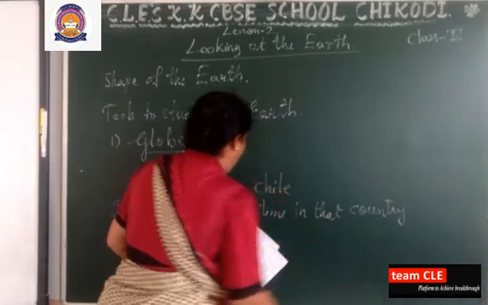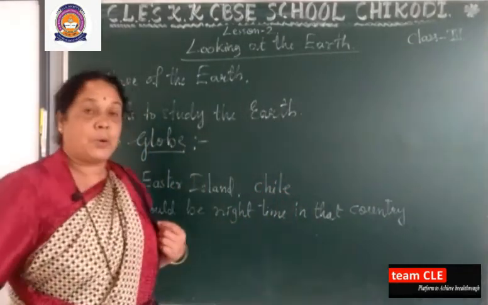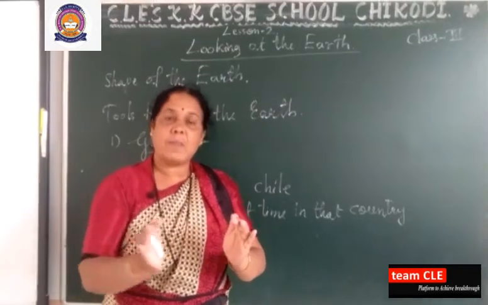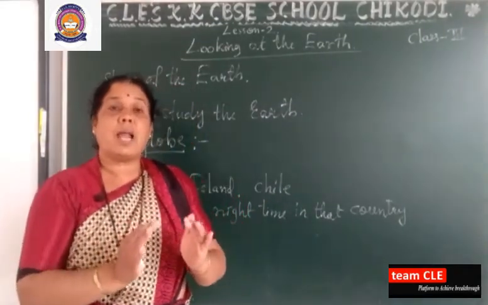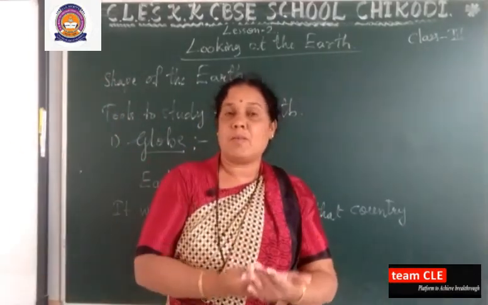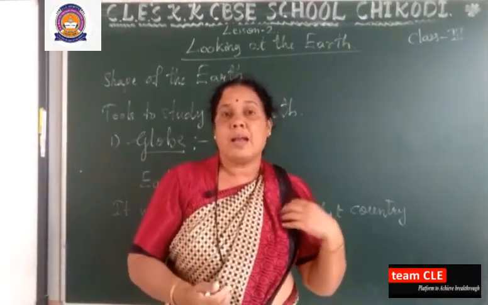Understanding now? Why is it like this? Because of the rotation. A part of earth faces the sun and that part only receives the sunlight and has daytime, and the remaining part is away from the sun, it does not receive the sunlight, so it has night time.